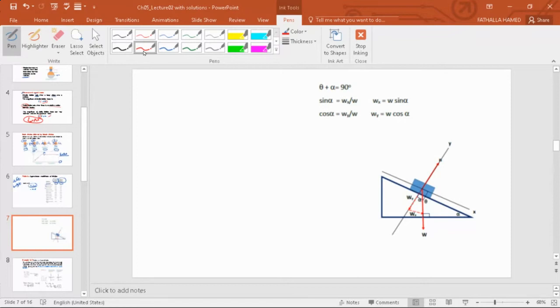So for example, if you have a block resting on an incline like this, this is the weight which points toward the surface of the earth, and the normal force is basically acting up. The second thing is to choose x and y, and always take an x along the motion, and in this case it will be along the incline. The y-axis will be perpendicular to it.